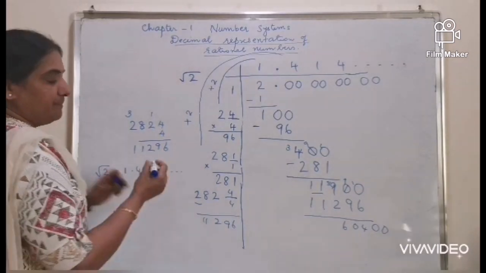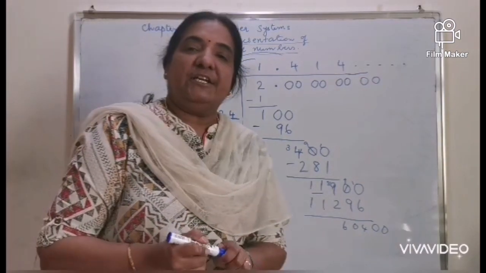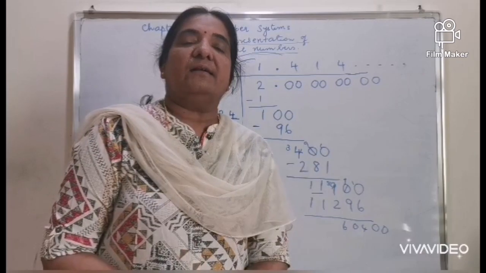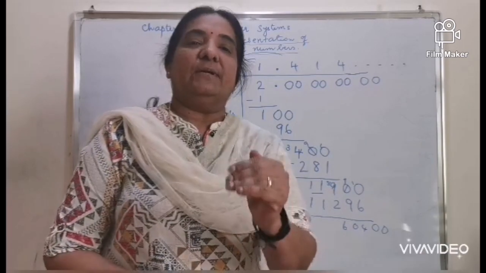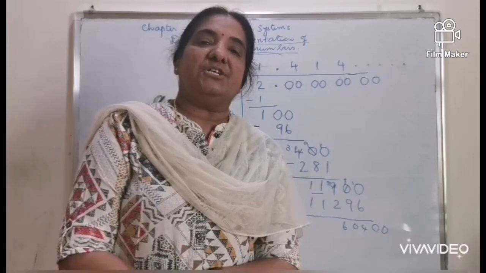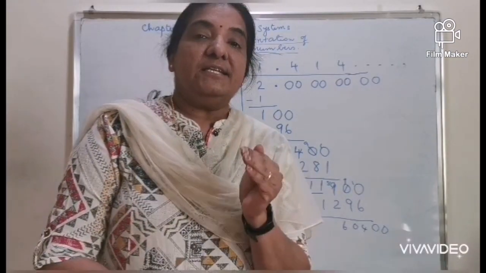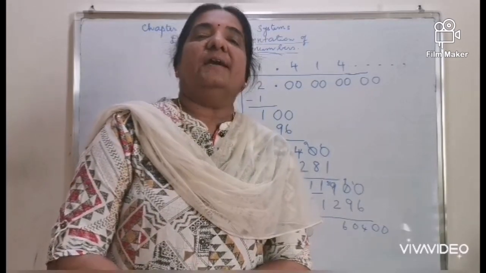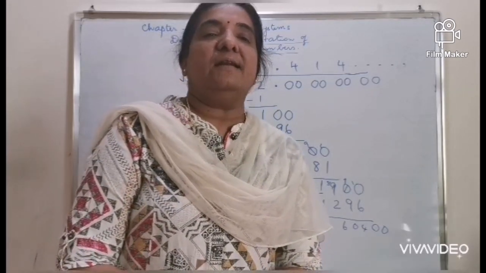When you continue this procedure, you can see the value of square root of 2 is 1.414, etc. Here, the division never stops, and none of the digits are recurring in a particular order. Such numbers, whose decimal representation is neither terminating nor recurring, are termed irrational numbers.